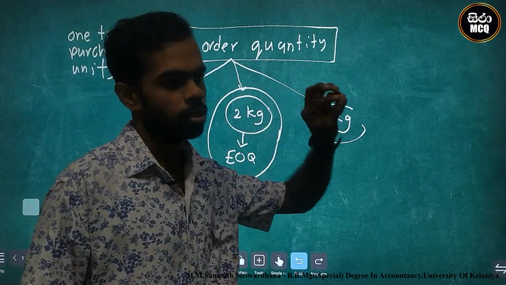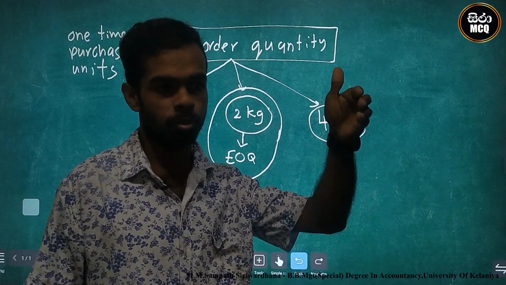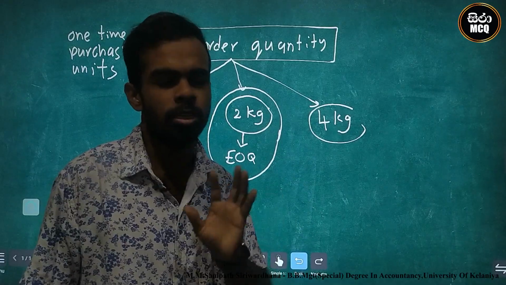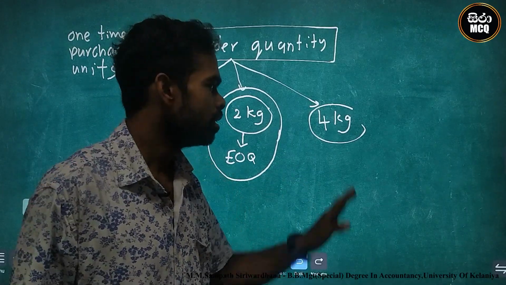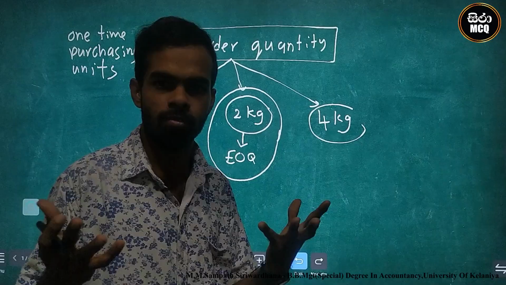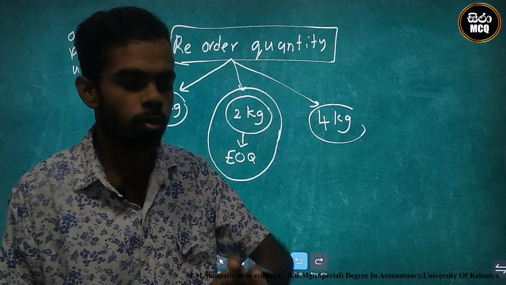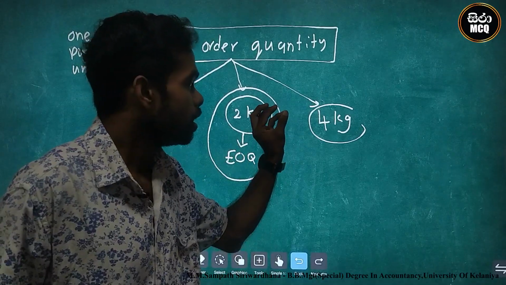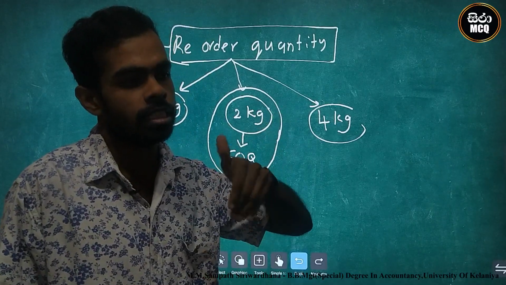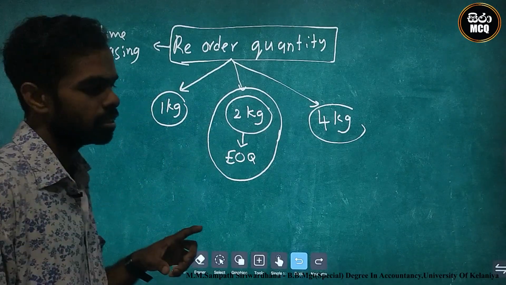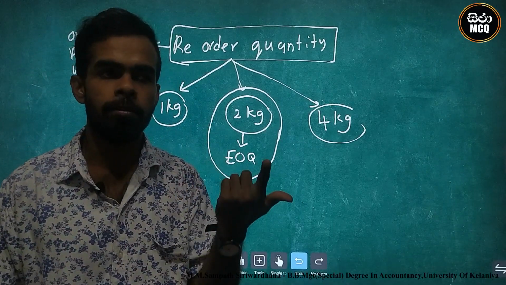Why? With 4 kilos purchased, the total is large, therefore you must incur a large holding cost to hold these units. On the other hand, with 1 kilo purchasing, the cost is also high.